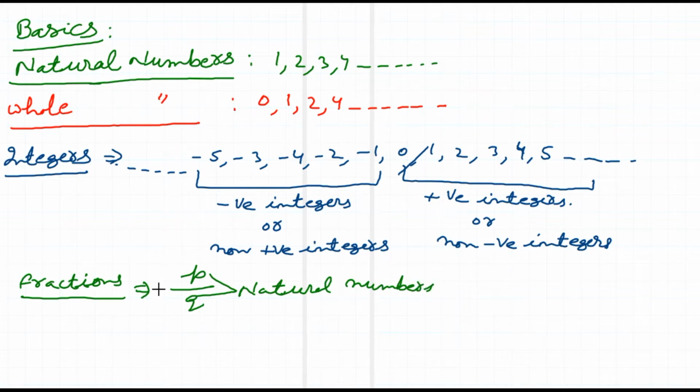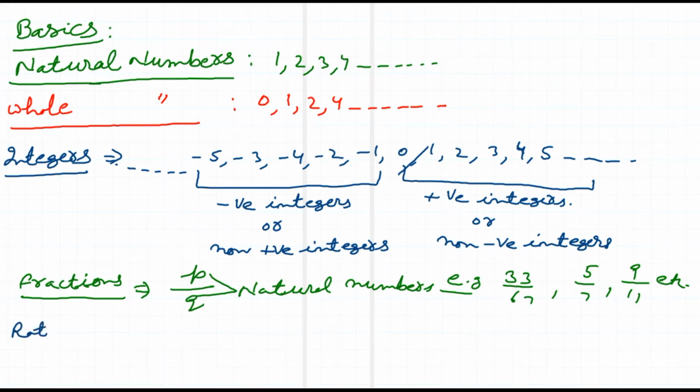For example, we can take 33 upon 67, 5 upon 7, 9 upon 11. These are all fractions.